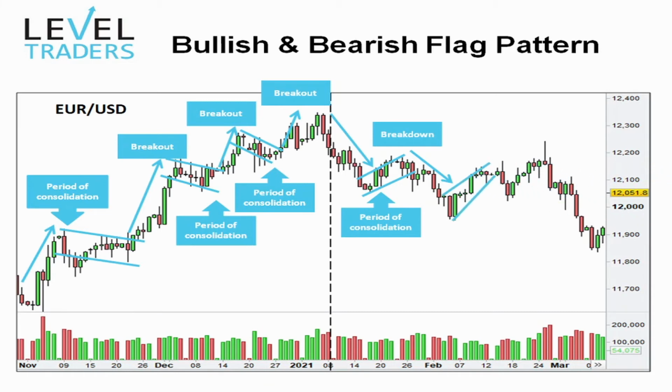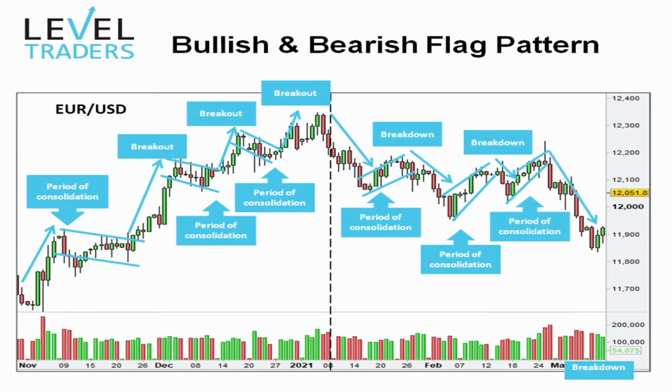So you've got the consolidation, followed by the breakdown, then more consolidation, followed by another breakdown. So hopefully now this makes sense why I split the page into two initially. On the left hand side, you've got consecutive bull flag patterns, whilst on the right hand side you've got great examples of consecutive bear flag patterns.